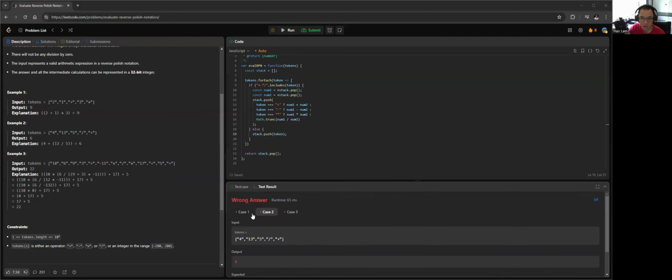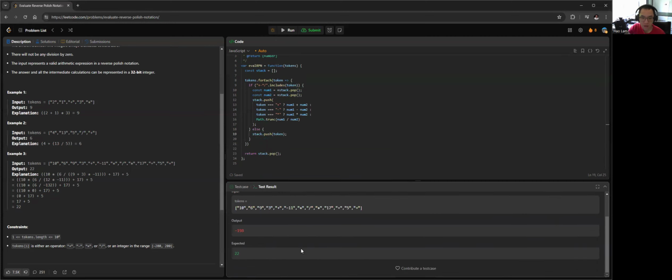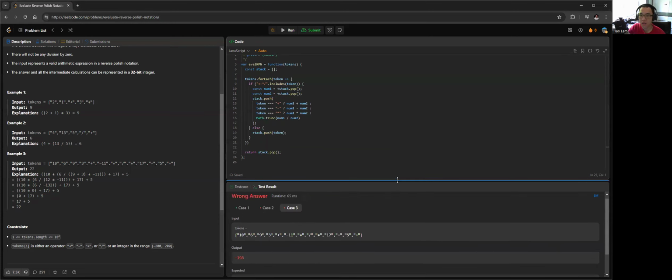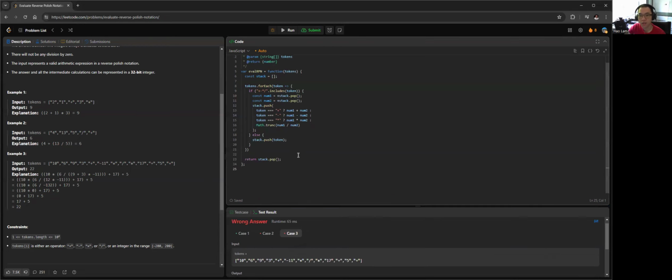Okay, let's double check our logic here. If the token is an operator, we pop off two elements from the stack, then push the result back. If it is a plus, we do num1 plus num2. I probably should have parentheses like this, just to make sure.